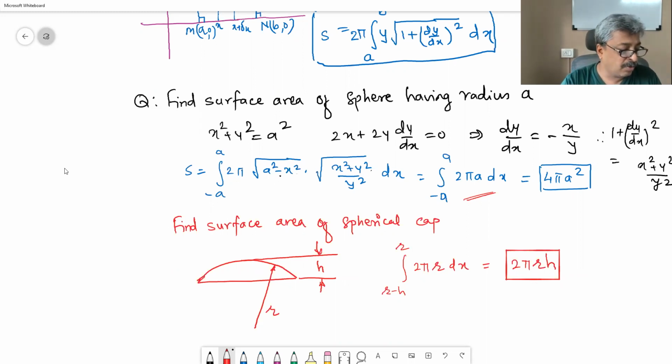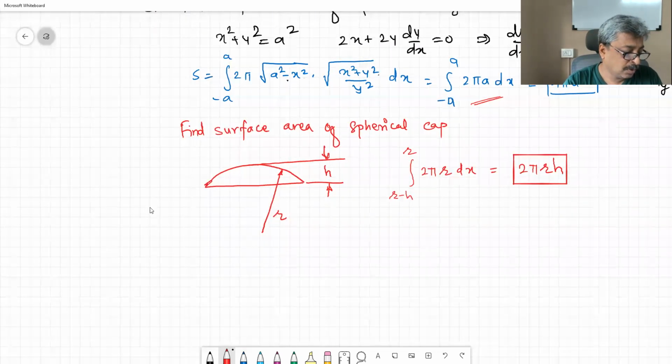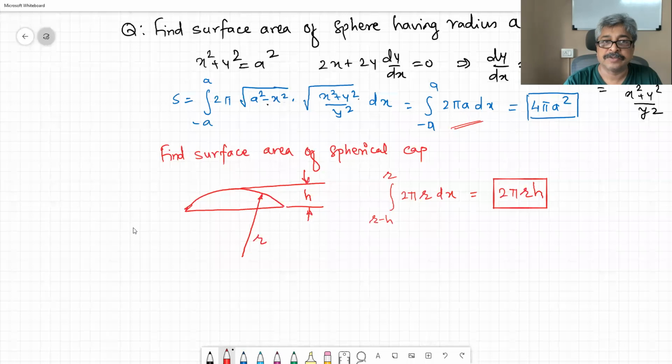Curved surface area of cone. Find the curved surface area of a cone with height h and radius r.